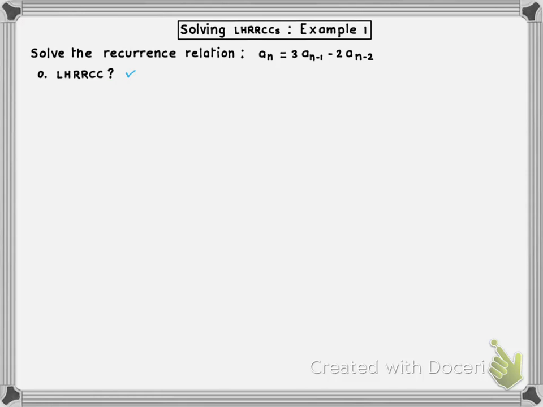Since this is the case, we can perform the first step in the algorithm, which is to transform this equality by first moving all of these terms to the left-hand side, and then use this equation to build the characteristic equation of the recurrence relation. The way we do that is we replace a sub n by a variable, let's say r, to the power what?